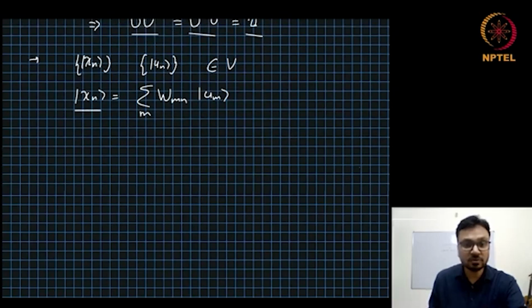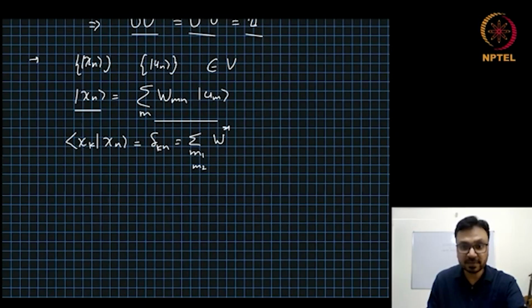Now, since this is an orthonormal basis, then chi k chi n should be delta kn. That's the definition of orthonormal basis. If we substitute this expression for chi n, we get sum over m1, sum over m2, w star m1 k w m2 n, u m1 u m2.